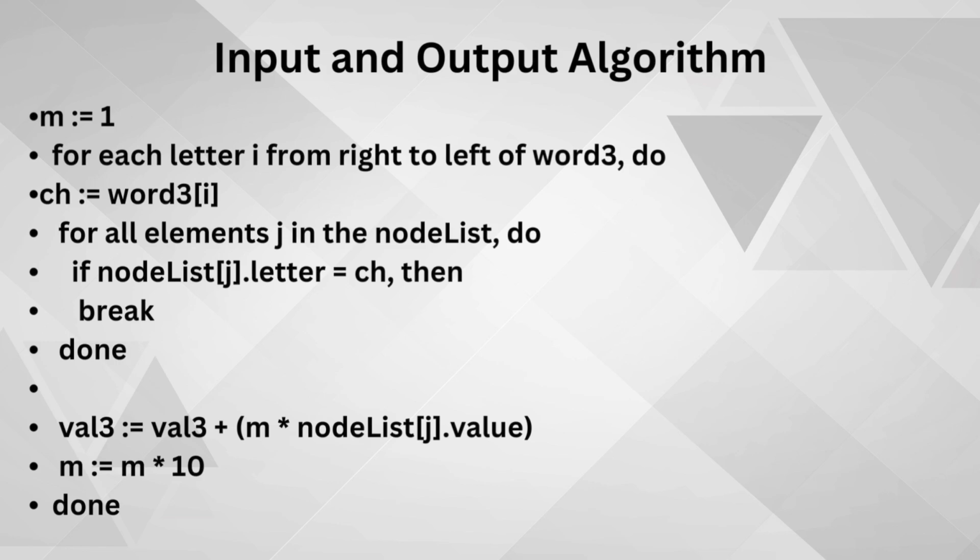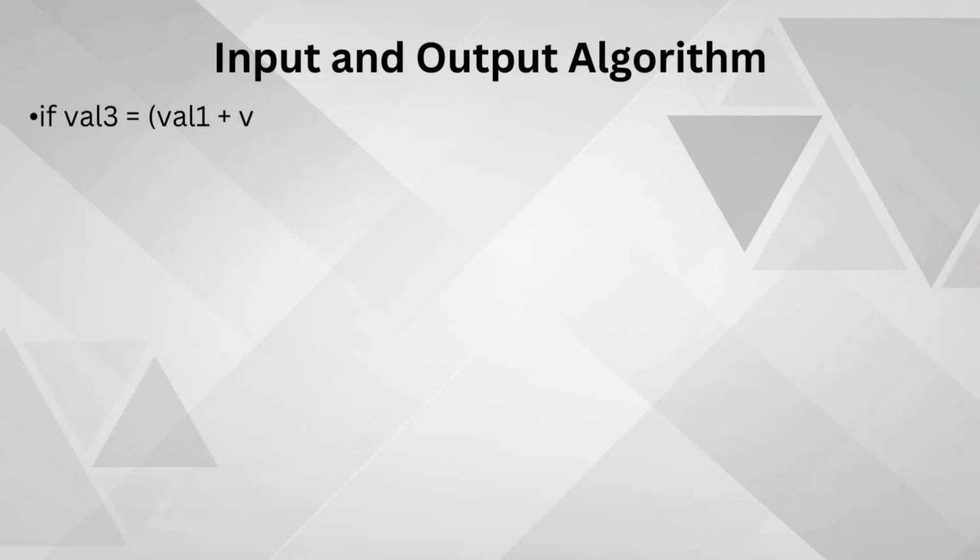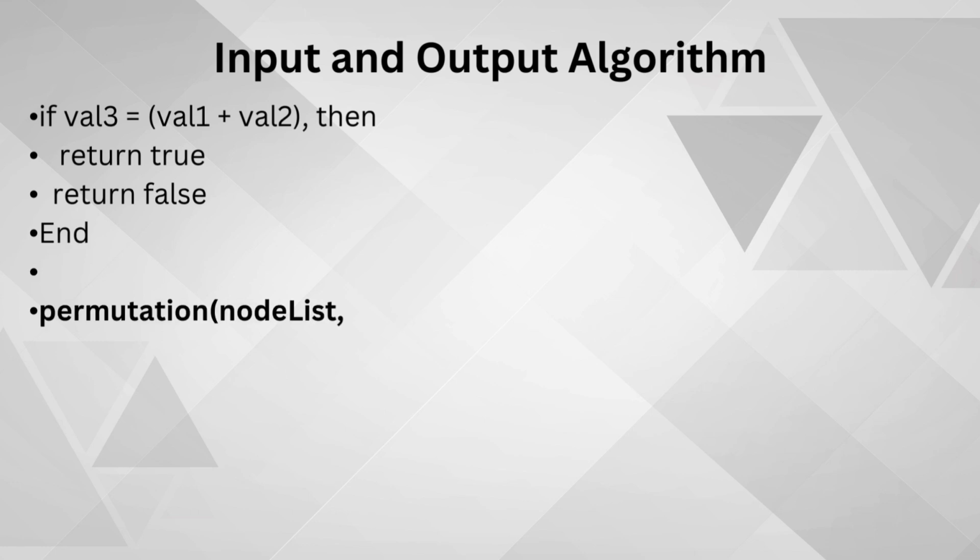Done. value3 = value3 + m * nodelist[j].value, m = m * 10. Done. If value3 is equal to value1 plus value2, then return true, else return false, and end.